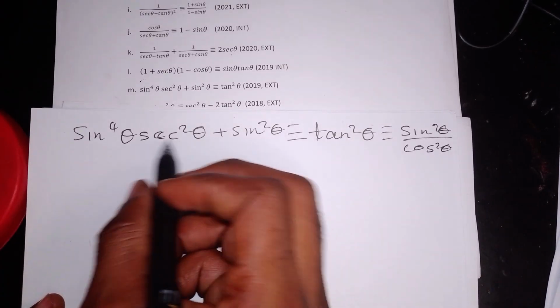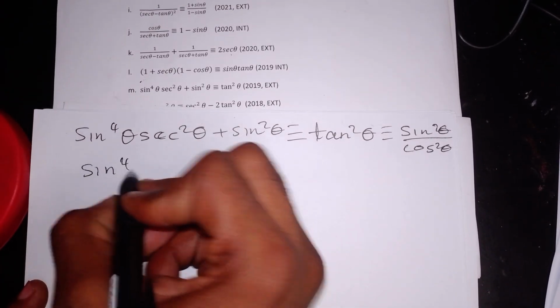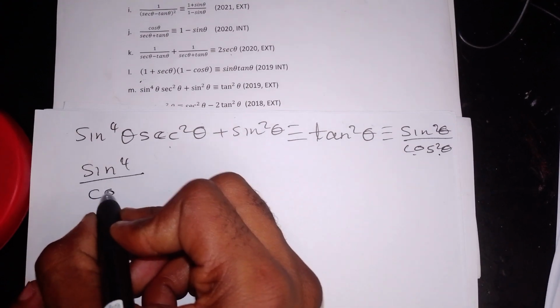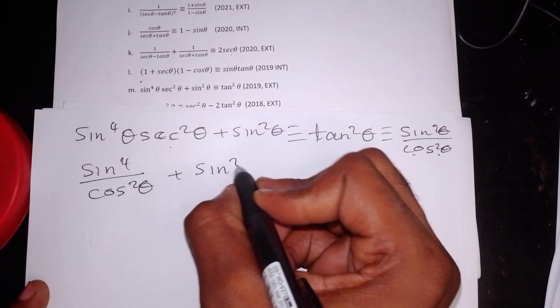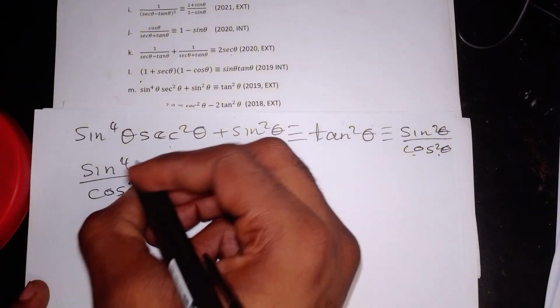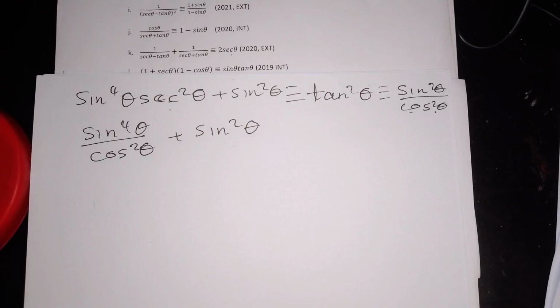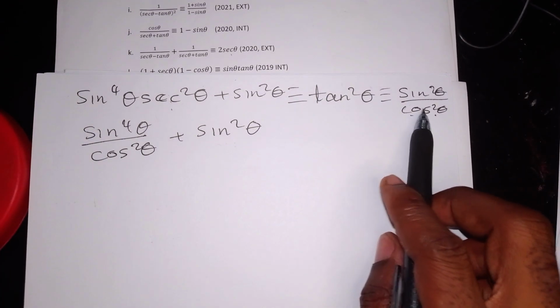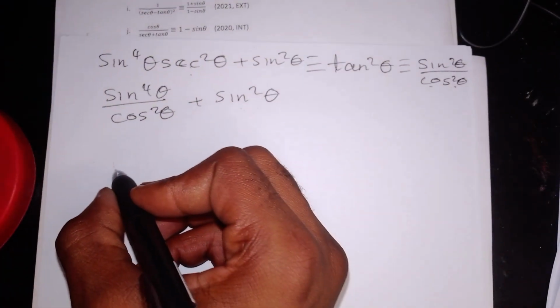So we can start by changing this to cosine. So remember, we want cos squared theta in the denominator. So this one will be 1 over cos theta, which we can write like this. And then plus, this is sine squared theta. And then we only want one expression or one term, so we can combine these two to form one.